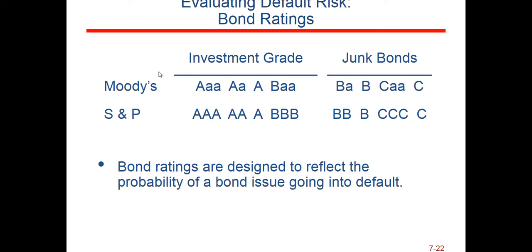The last piece I want to talk about here is evaluating the default risk. As I mentioned earlier, in interest rates, the riskier the investment is, the more interest you are going to demand. So the I, the interest rate, or RD in this case, the yield to maturity, is going to increase as the risk increases.